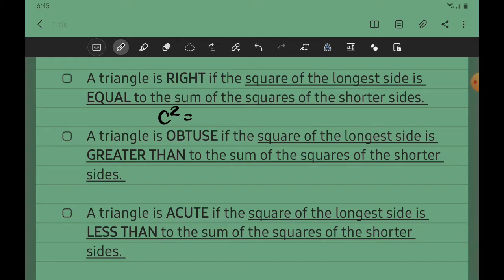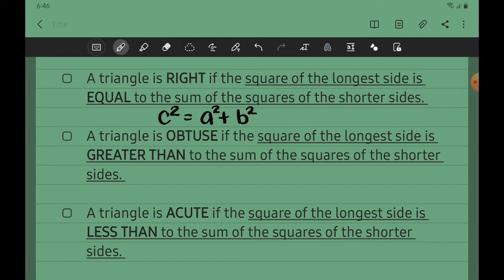So, let us represent the shorter sides as A and B. Since we are going to use the word sum, we are just going to write A plus B. And then, of course, we need to square also the shorter sides. So, A squared plus B squared. Okay, so we are going to use this formula later on in our examples. So, again, when the square of the longest side and the sum of the squares of the shorter sides are equal, we can say that the triangle is a right triangle.